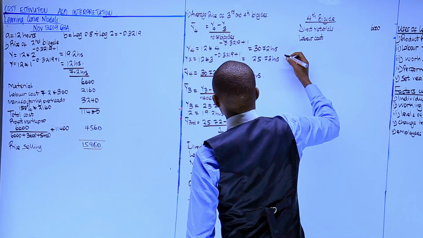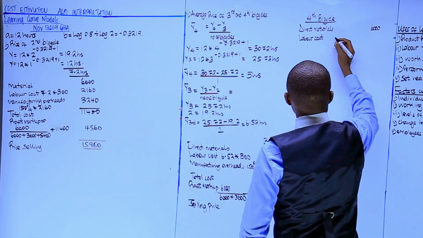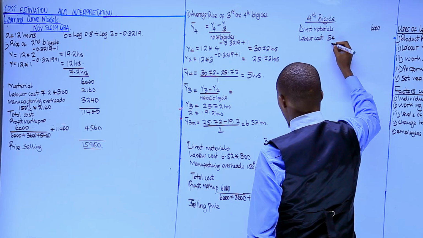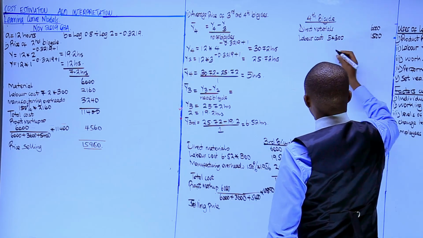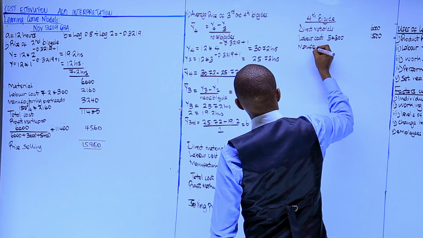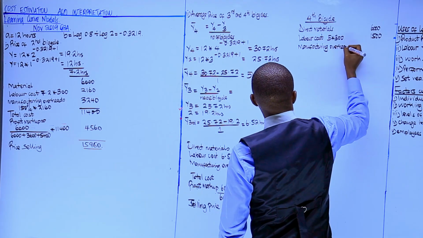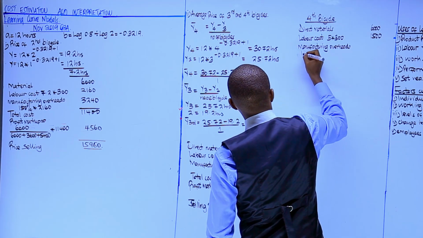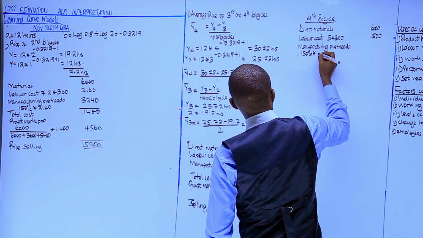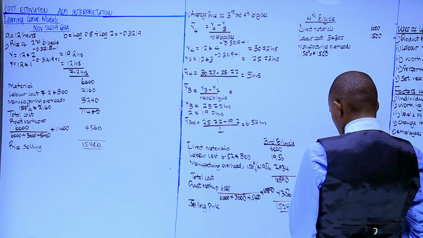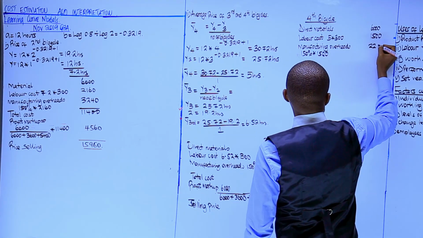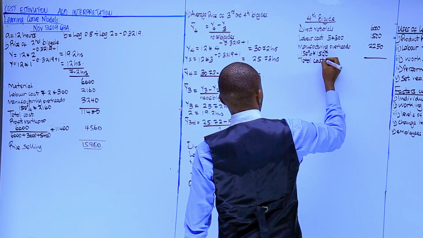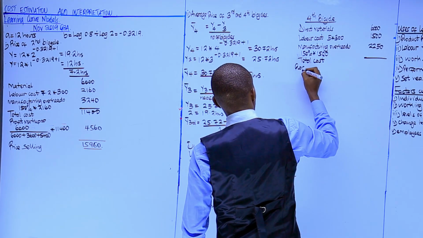The fourth bicycle took how many hours on average? 5 hours, times what? 300. Add your manufacturing overheads, which we know was 150% of your costs, which is 22. That will give you your total cost, to which you're going to add your profit markup.